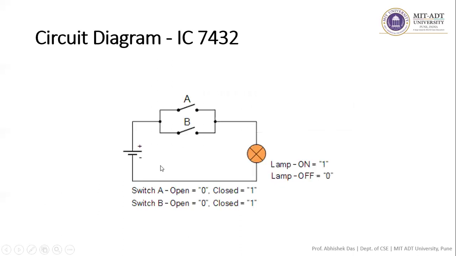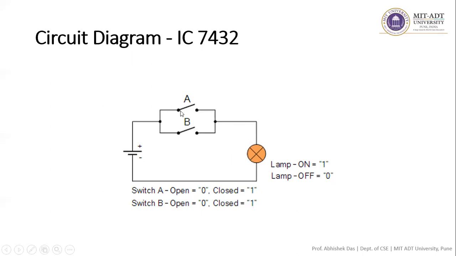Next, this is the circuit diagram of the OR gate, where you can see that if we call A switch A and this switch B, and this a bulb, if any of the switches is turned on, the voltage will flow from this part of the connection to the bulb or the lamp, and the lamp will glow.